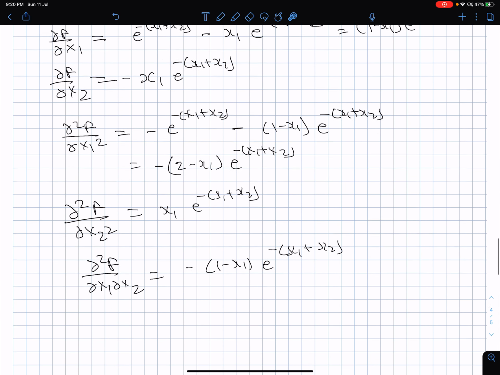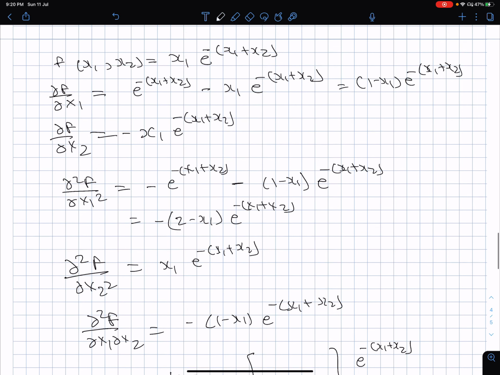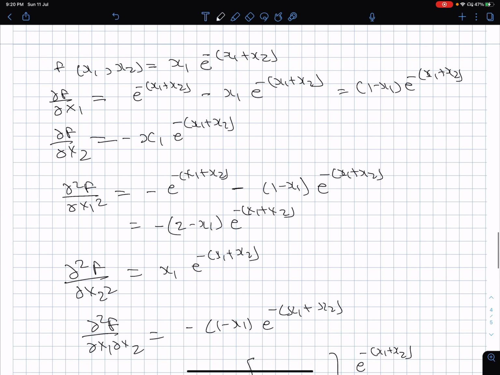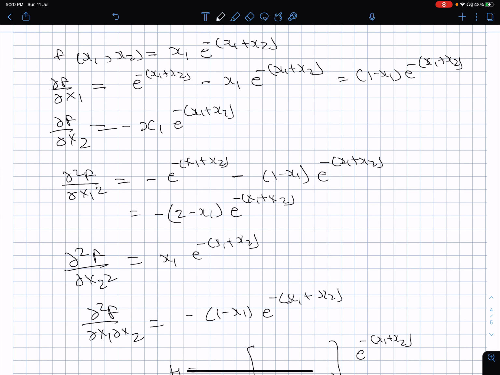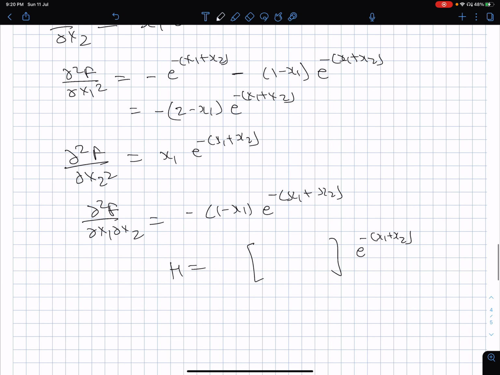So now put it together in the matrix form. So therefore H is going to be, it's very clear that I can easily take this term common out. So the partial derivative of this is going to be my x1 minus 2, this term here, x1 minus of 2.